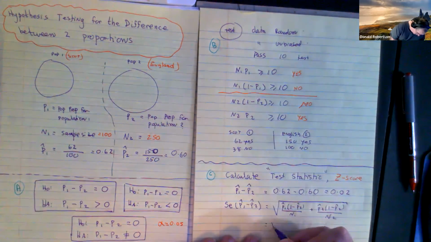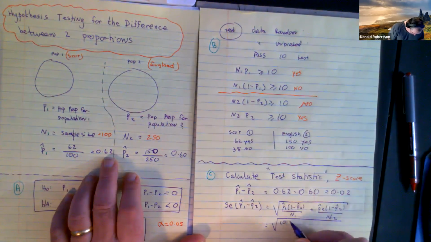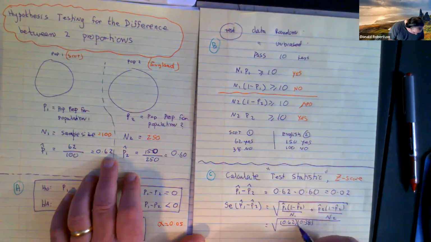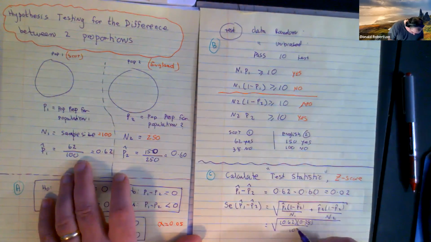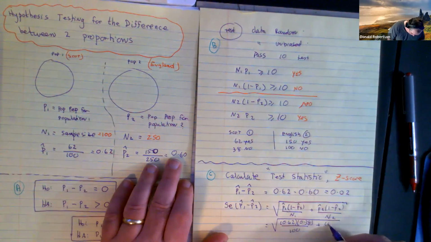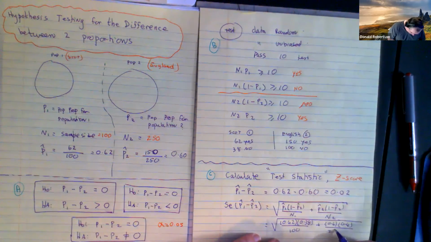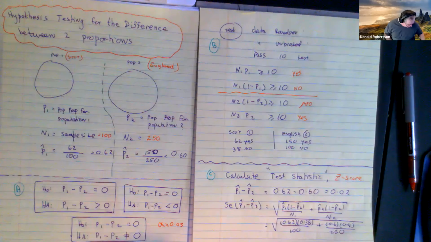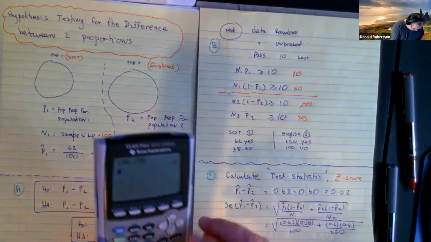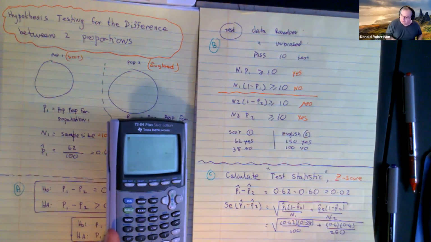In this case, that's going to be the square root of 0.62, 0.38 divided by 100 plus 0.6, 0.4 divided by 250. This is actually for unpooled data, right?